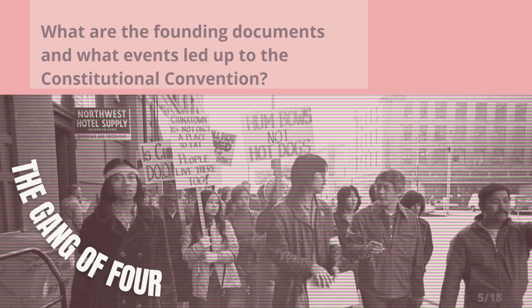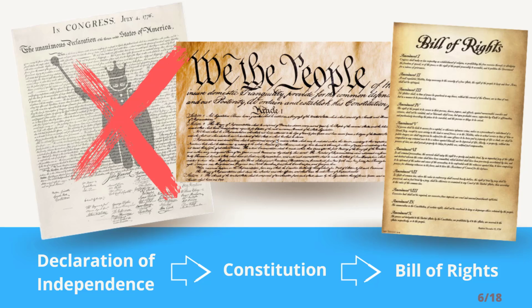All right, let's go on to what we're doing here. Here are our three documents. We have the Declaration of Independence. I have a little icon of a king with an X through it. Essentially, this is the breakup with the British Crown, the issuing of that statement. We the people, here we have the Constitution. These are the structures of government.